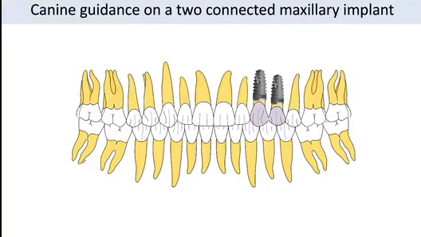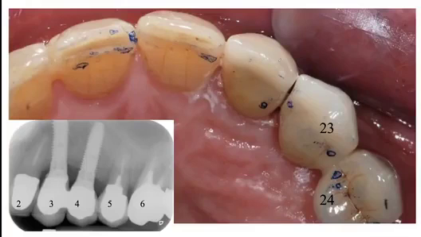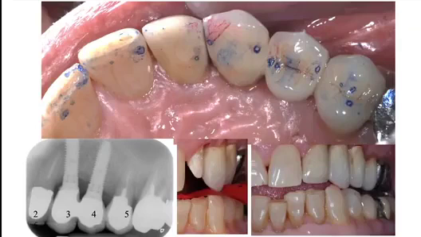If you have two connected maxillary implants between a canine and a first premolar, for example, the things could be different, like there. Participation of the ICP, okay? And you can concentrate the guidance on the canine because you have the resistance related to the connection between the two teeth.